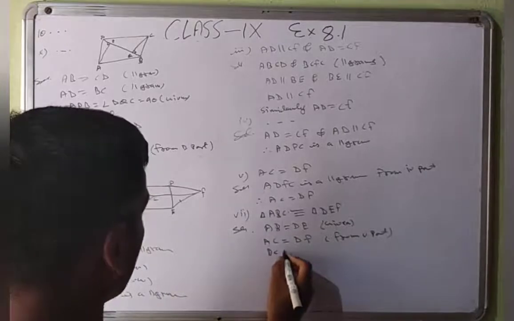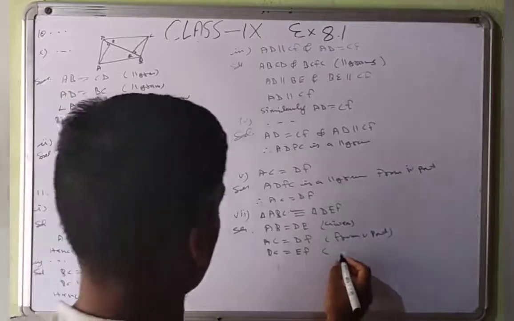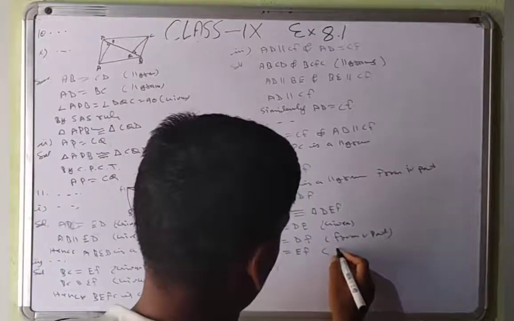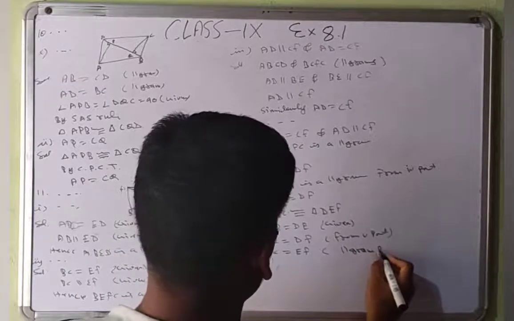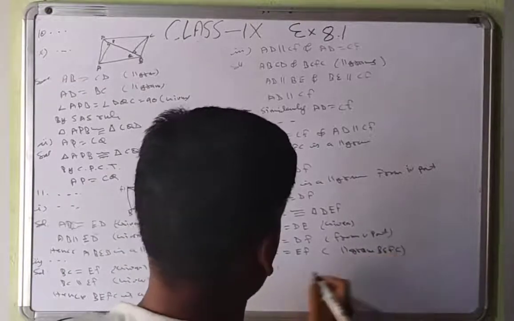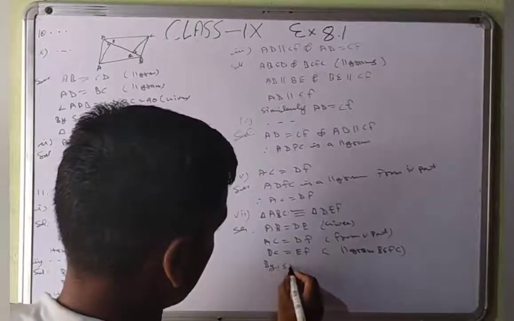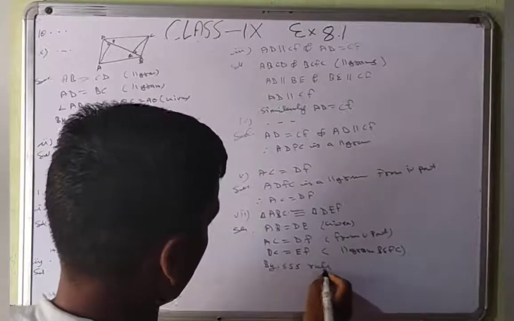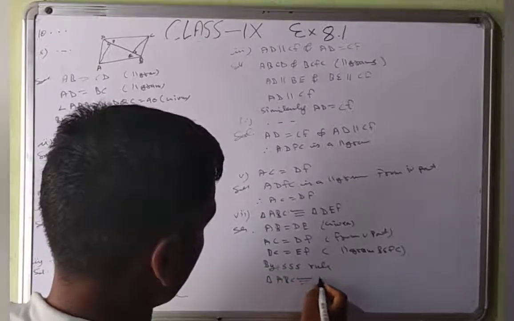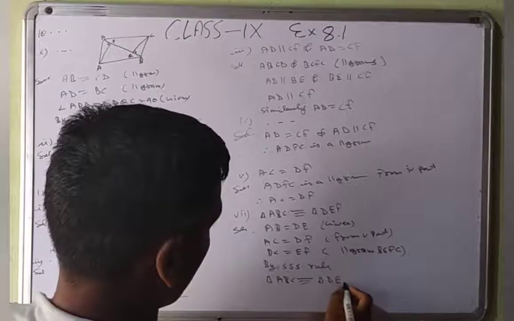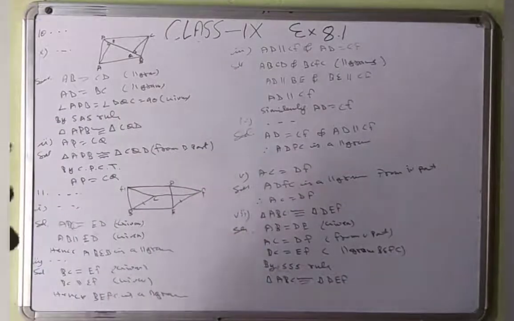BC is equal to EF by parallelogram BEFC. By SSS congruence rule, triangle ABC is congruent to triangle DEF. Proved.